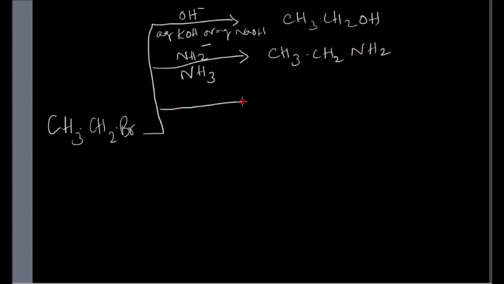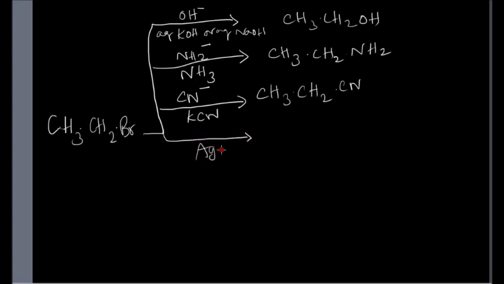Now when you use KCN reagent, it will supply the nucleophile CN minus and you will get CH3CH2CN. Organic compounds with CN functional group are called nitriles. So this is ethane nitrile. When you use AgCN, silver cyanide, instead of potassium cyanide, this supplies the nucleophile NC minus.